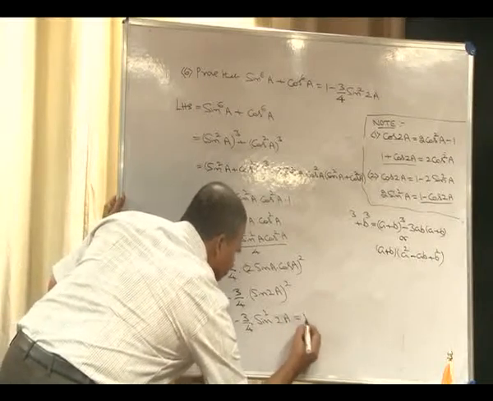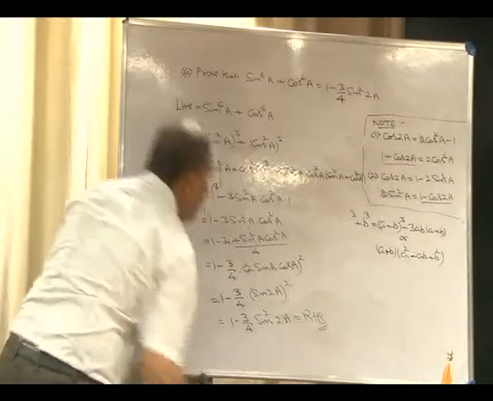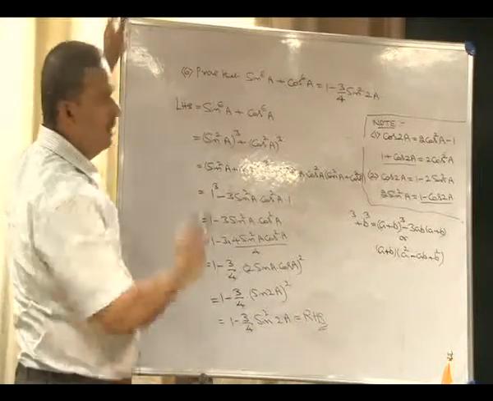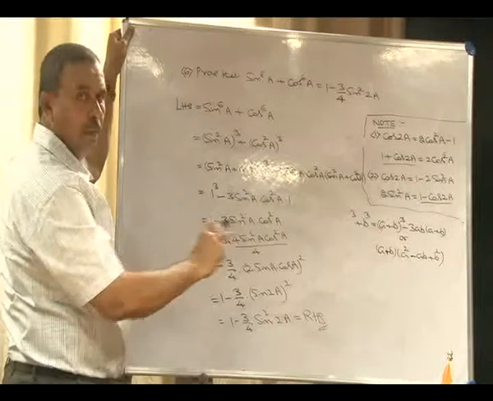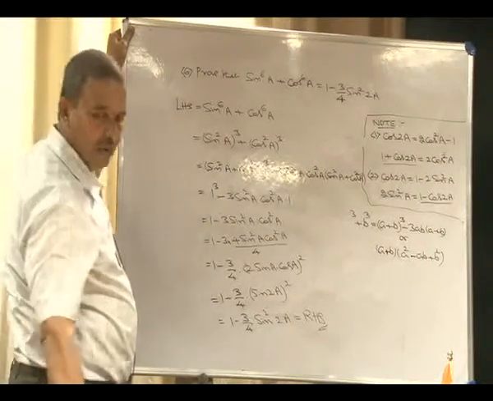That is equal to RHS. That is, sin to the power of 6A plus cos to the power of 6A is 1 minus 3 by 4 sin square 2A.